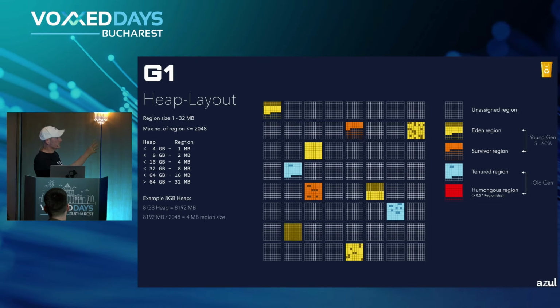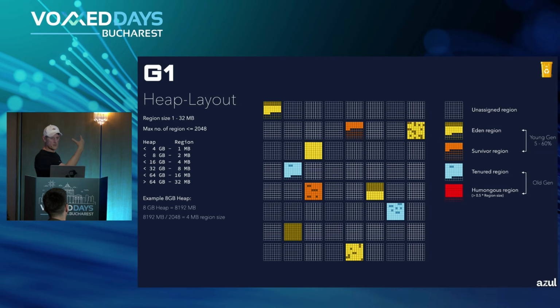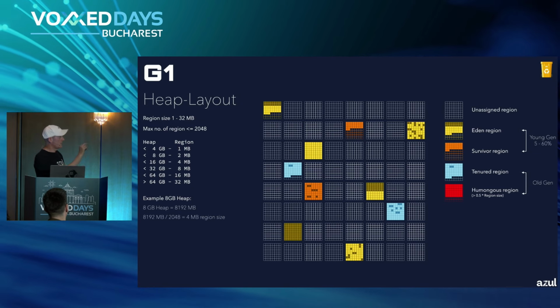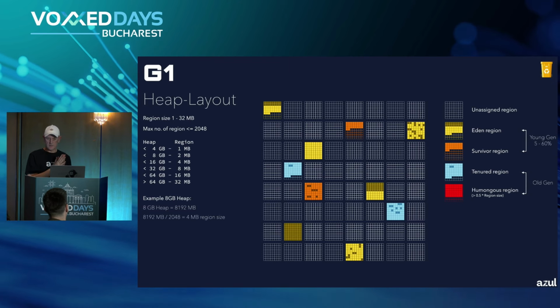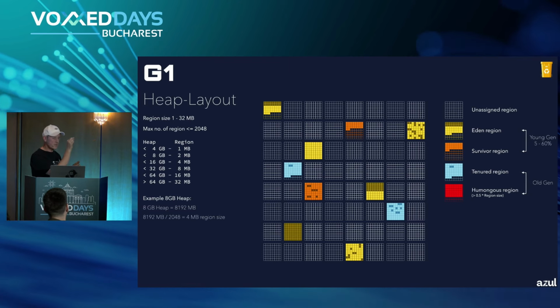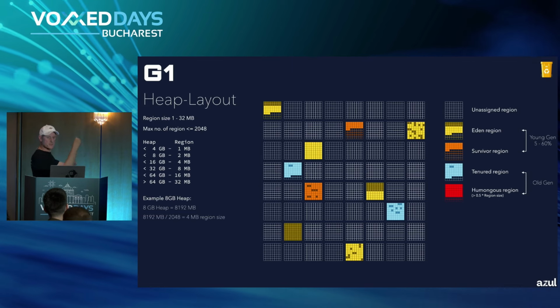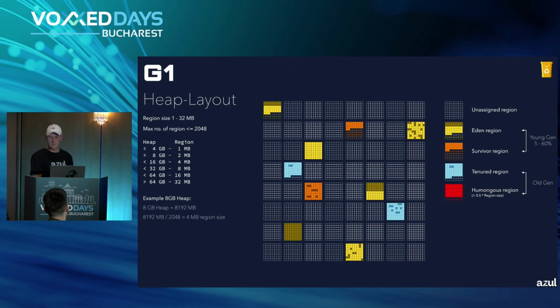In my example, we have 6 Eden regions, 6 yellow regions. Once I run out of these 6 regions, I have to shortly stop. And then I take the 2 regions with most of the garbage in there. That means I just have very few live objects, take them, and copy the live objects into a survivor region. And then I can directly remove the old regions.